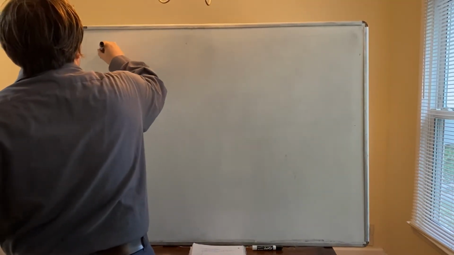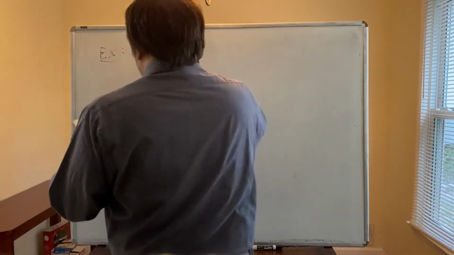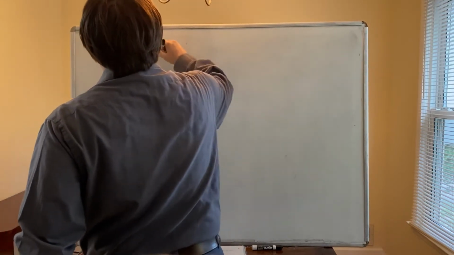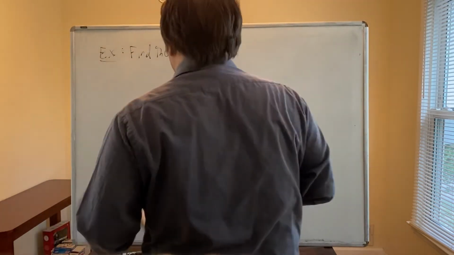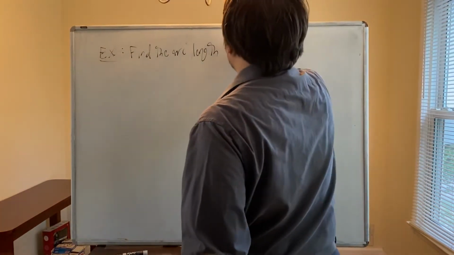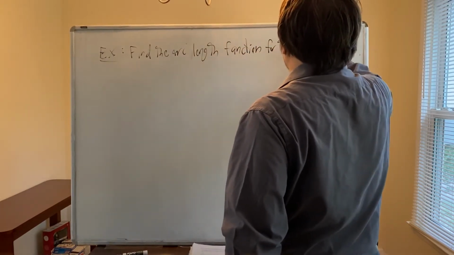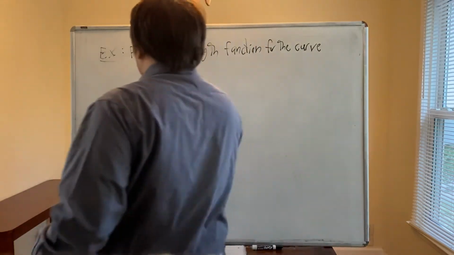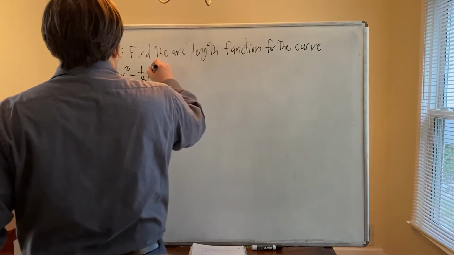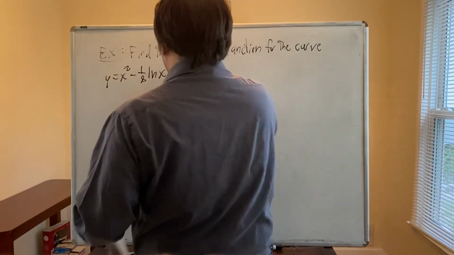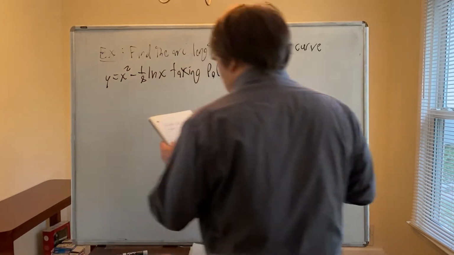Example. Find the arc length function for the curve y equals x squared minus 1/8 ln x, taking P0 (1, 1) as a starting point.